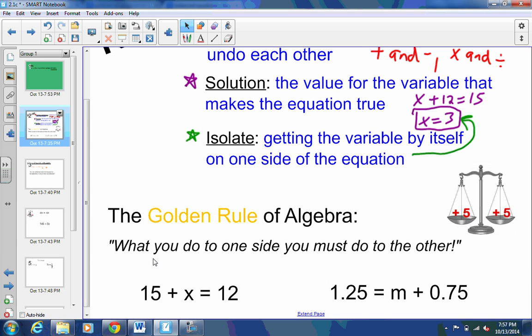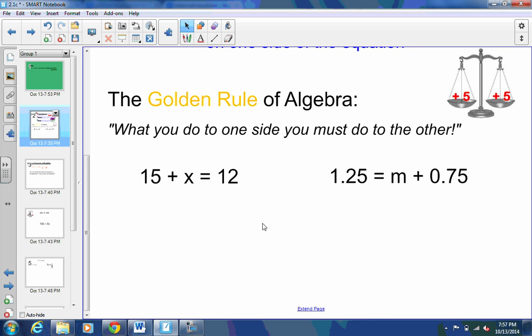All right, so let's try a couple here that are refreshers from yesterday. First of all, you have to remember to isolate the variable. If we're trying to solve for x, we're trying to isolate x here. In order to isolate x, we have to get rid of everything else that's on the side with the x. In this case, that would be the 15.